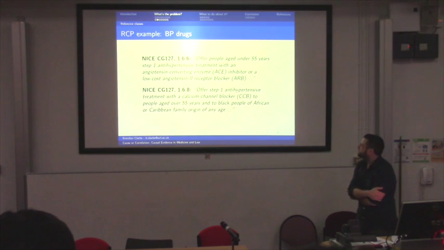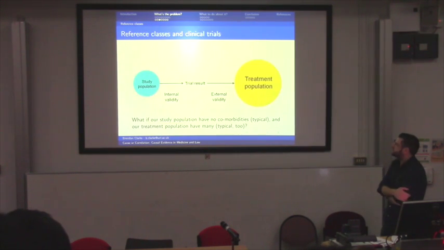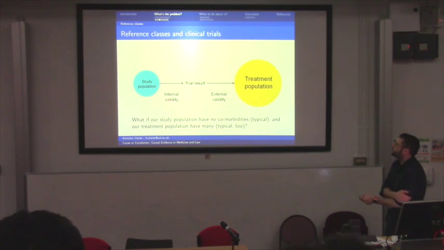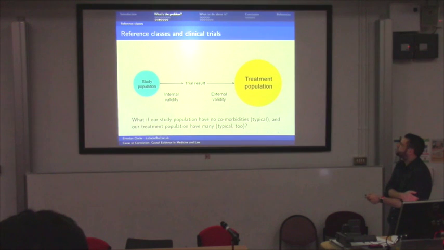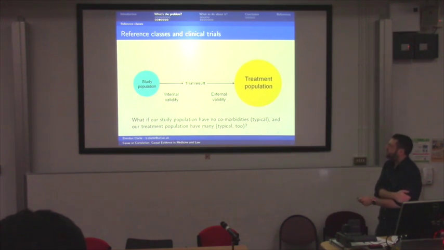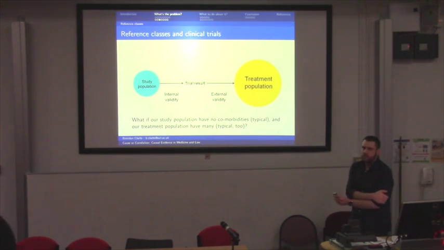Let's go back and think then about our clinical trial and try and relate it to this reference class problem. This is my very, very schematic outline of what happens in clinical studies and the way that those clinical studies get applied to populations. So we take some study population, we randomise them, we do our clinical trial, we think very carefully, we evade sources of bias and all the usual things that we should do if we're good biomedical researchers.